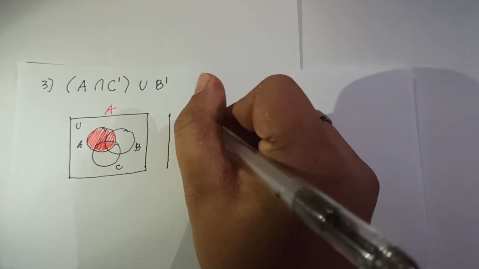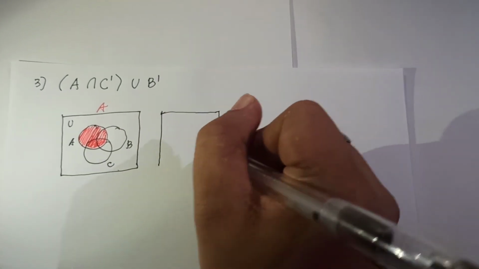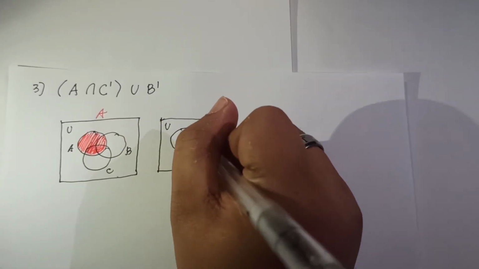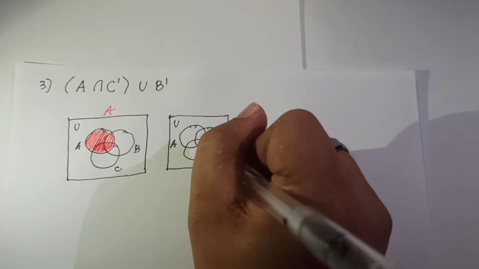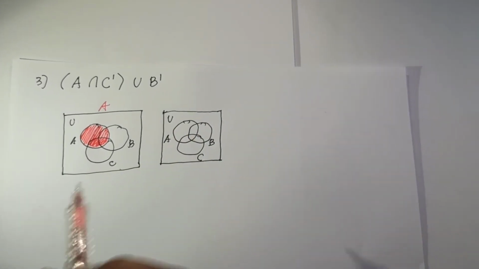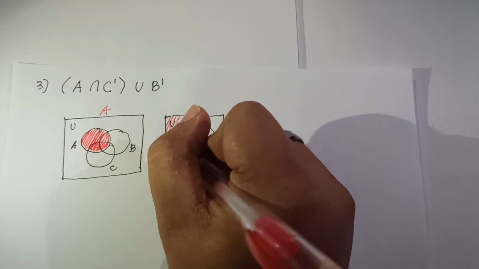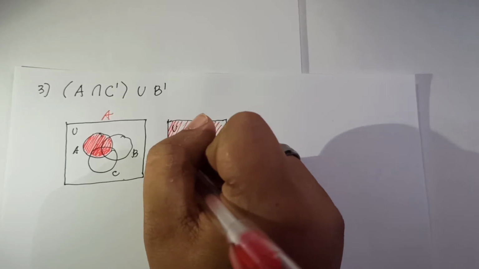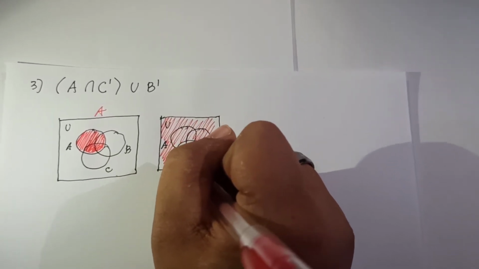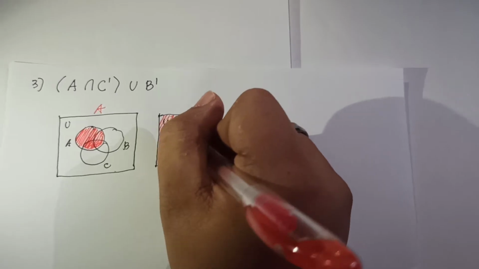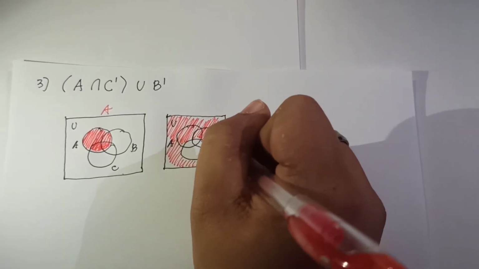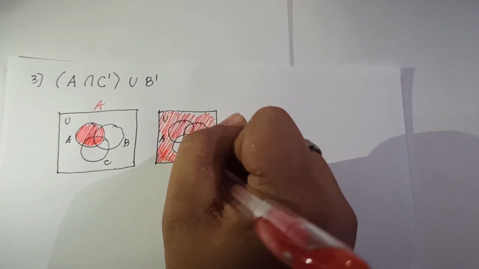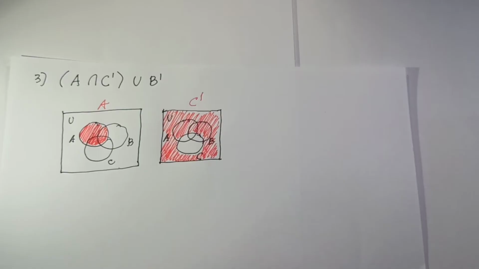Okay, illustrate natin ang C prime. Since C prime, not included ang C in the shading. So, here. Okay, so this is C prime.